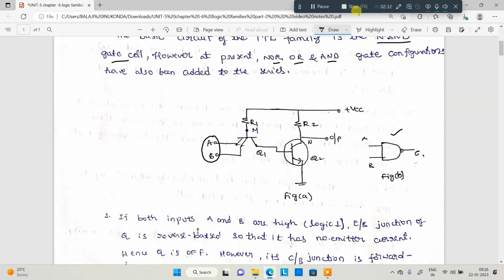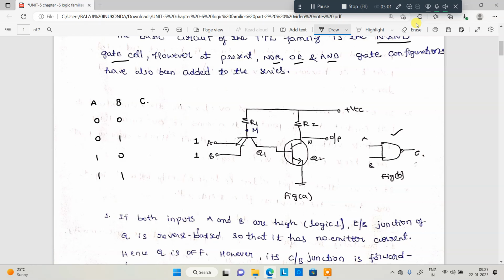The first case: both A and B are 1. Let me take both A and B as 1 and analyze the circuit working. This is the TTL logic. In the truth table of a NAND gate, with inputs A, B and output C, the rows are 0 0, 0 1, 1 0 and 1 1.